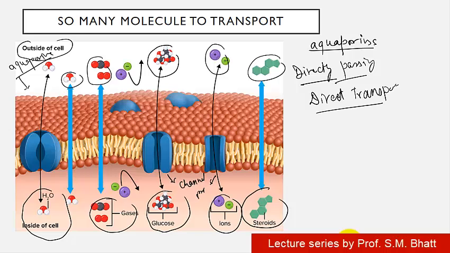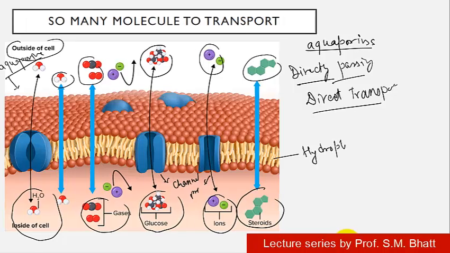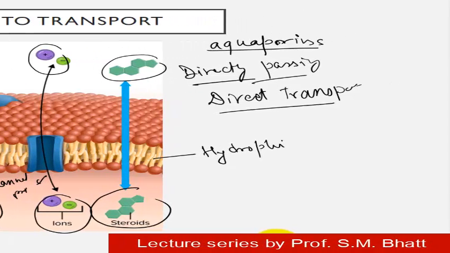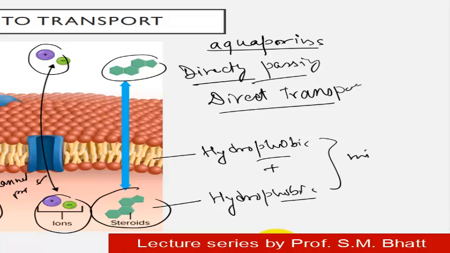Because the inner core is hydrophobic, correct? And the steroid is also hydrophobic. Similar mixes with similar, so they mix well and dissolve. For example, when you apply a drug or oil, they are steroids. They can easily be transported directly.